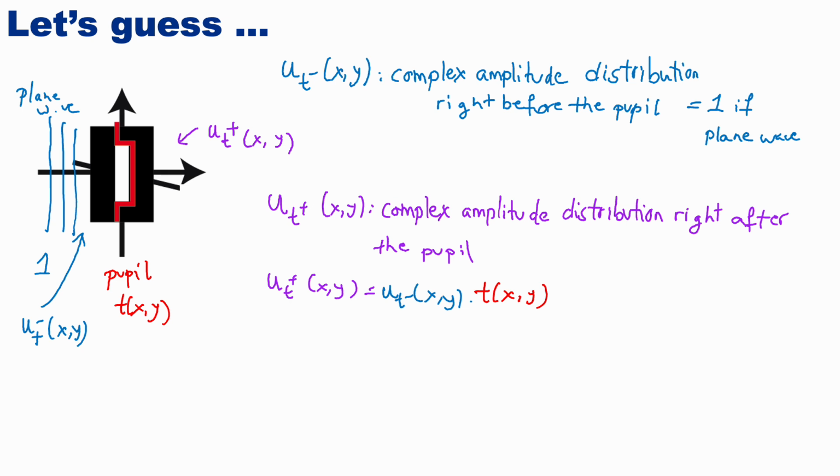So remember that T, this is our pupil transmittance. And we definitely let it propagate the field.